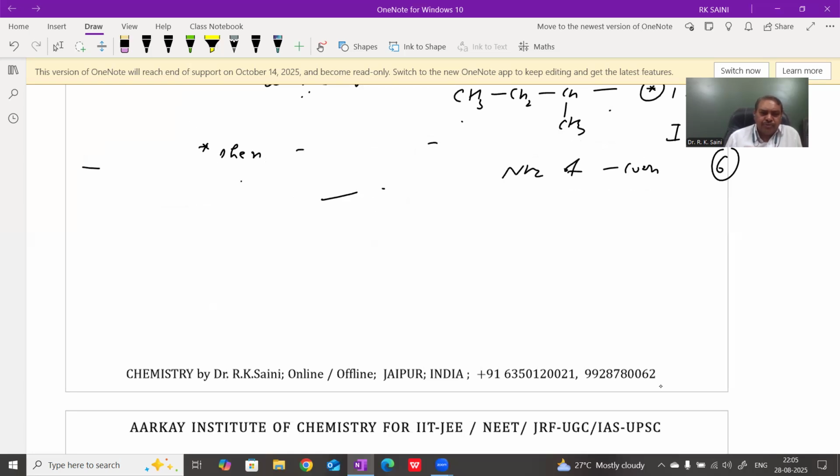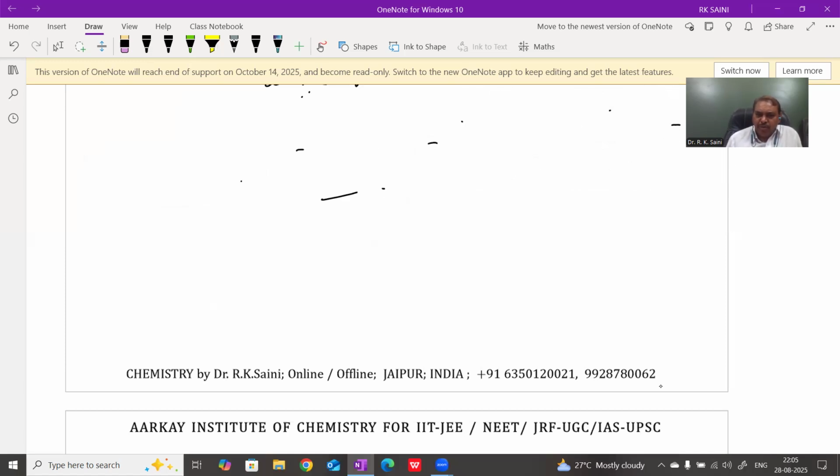The following groups are present at the G in aspartic acid and in glutamic acid.